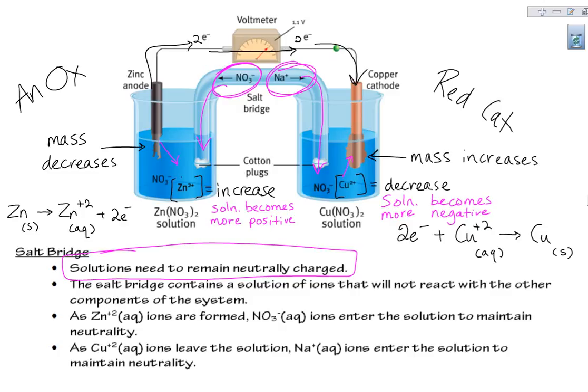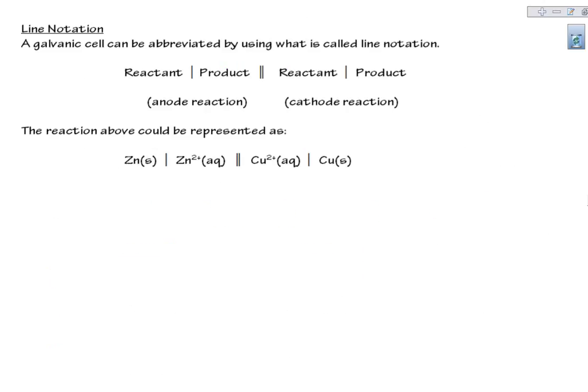Now, they might also reference a galvanic cell in a shorthand way with what we call line notation. So this is that exact same reaction that we were looking at in the last big galvanic cell, where we had the zinc solid forming the zinc plus 2 ion and 2 electrons, and the other half was the copper ion picking up those 2 electrons to form solid copper.